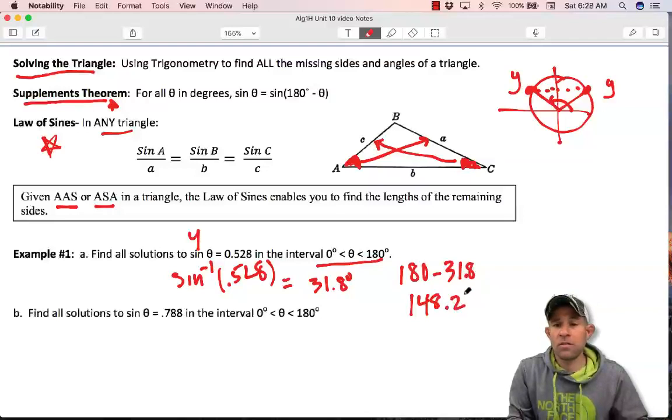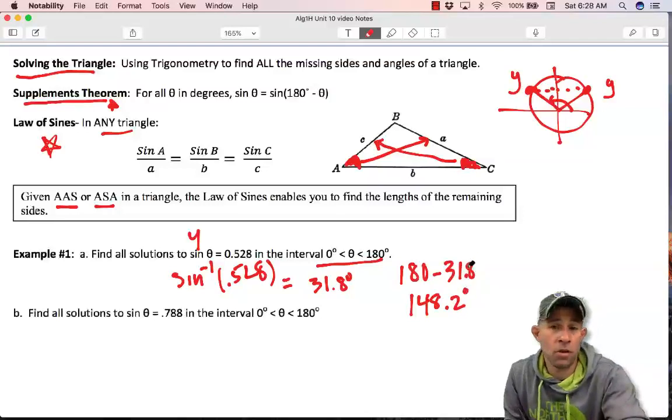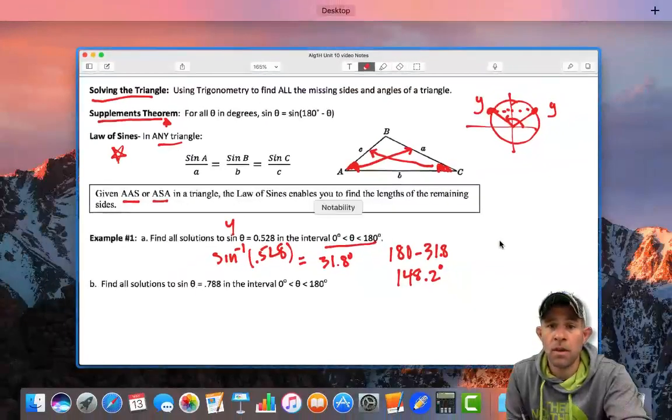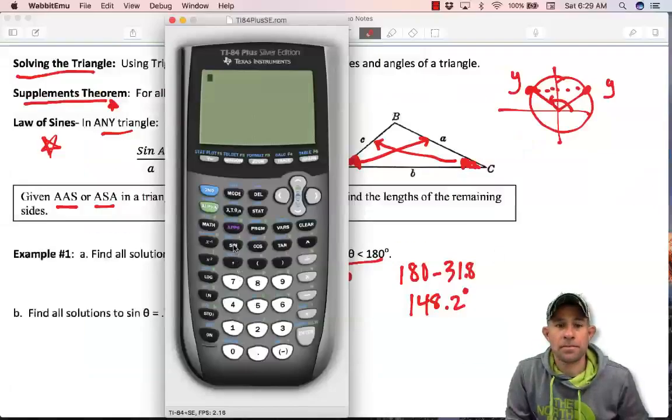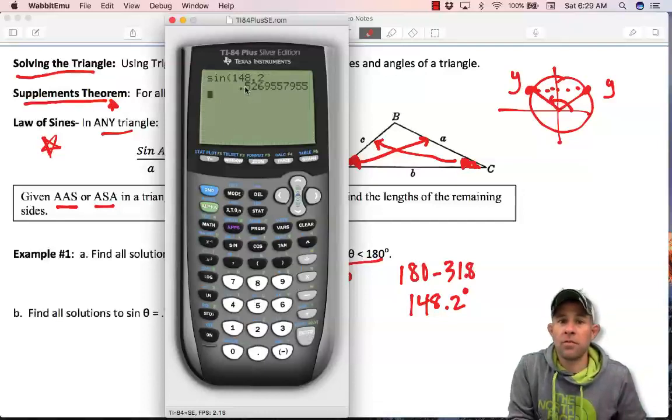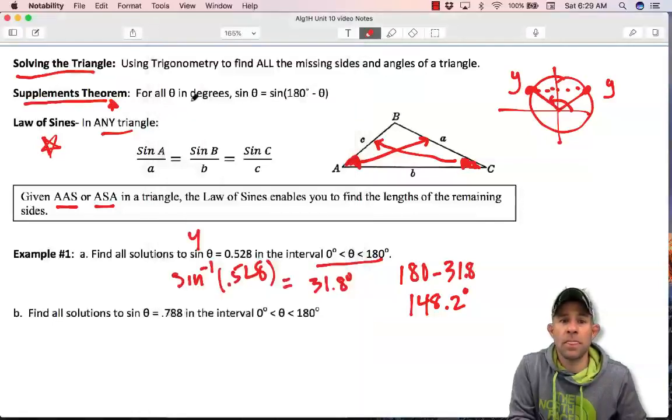Now, we should confirm that the sine of 148.2 is approximately 0.528. Okay, now you see that we took the sine of 148.2 and we do get, in fact, 0.526, which is what we were hoping to get.